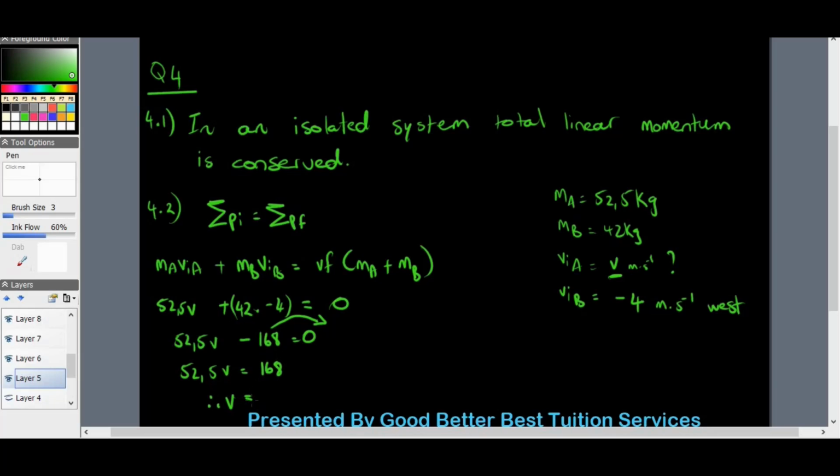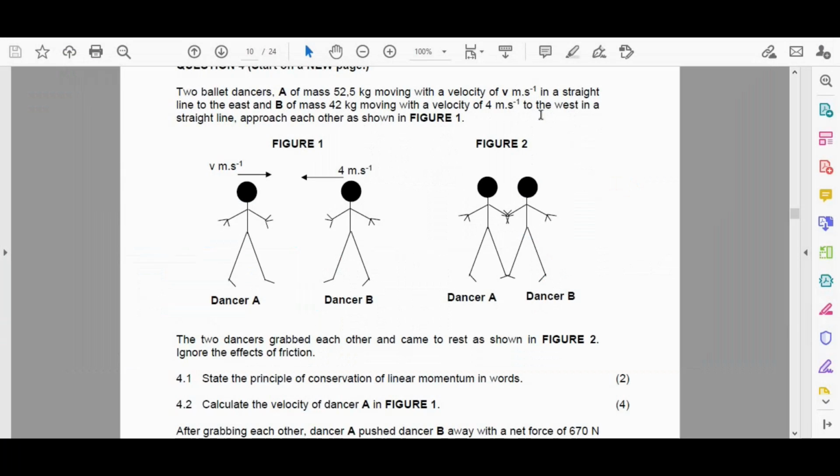So 168 divided by 52.5 should give us a value for the velocity of person A before they come to rest, or before the dancers interlock, of 3.2 meters per second, and we can say that is east, or to the right. Right or east, whichever you'd like, as it says that mass B goes west, and they say the answer A goes east.